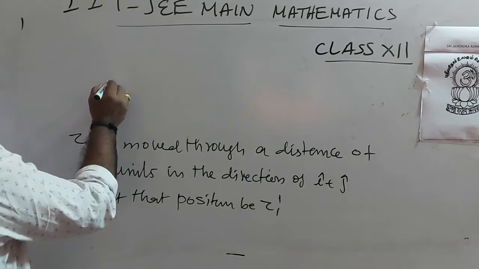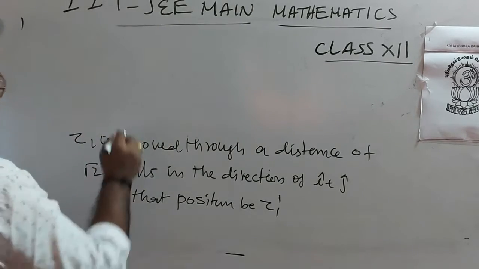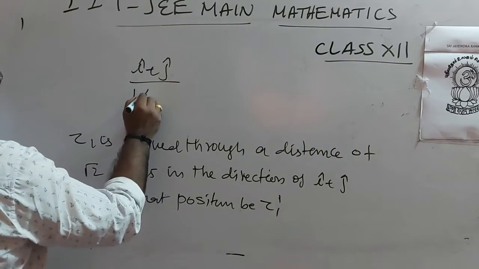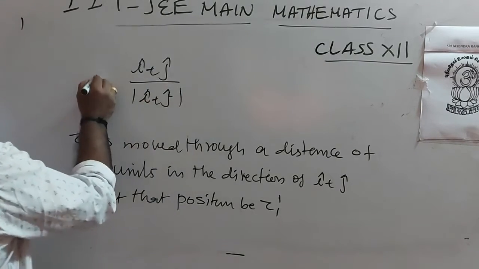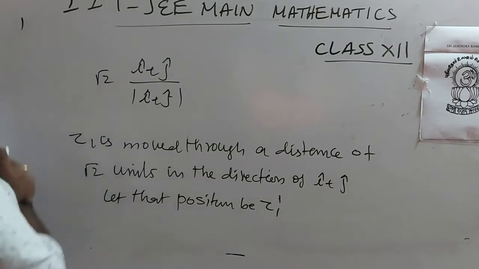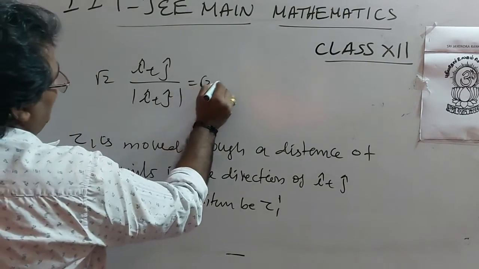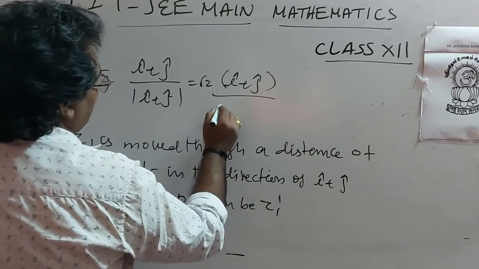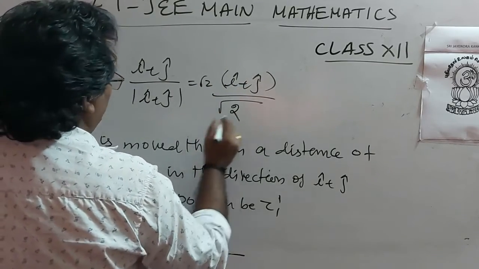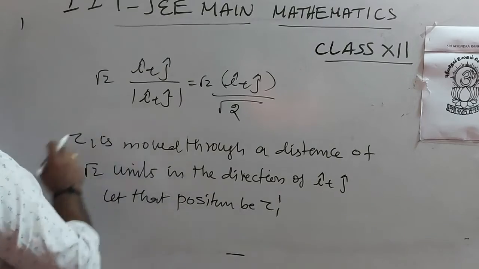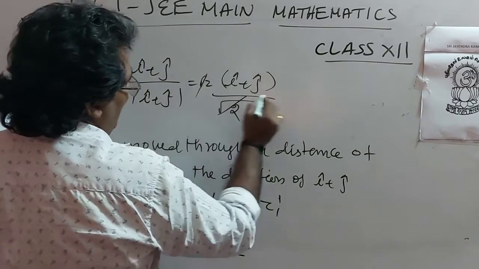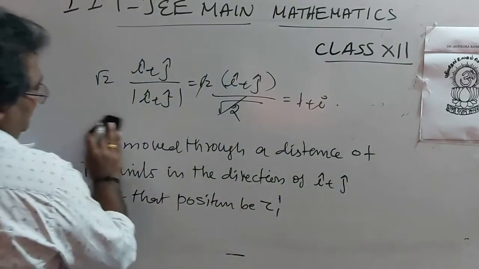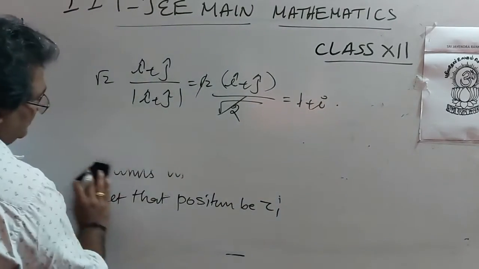So root 2 distance, you have to find unit distance. Unit distance means i vector plus j vector by modulus of i vector plus j vector. This is 1 unit, so root 2 units equal to root 2 into (i vector plus j vector) by root of (1 square plus 1 square), that is root 2, so i plus j, that is 1 plus i.